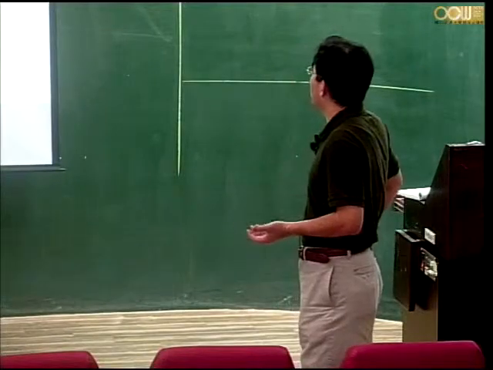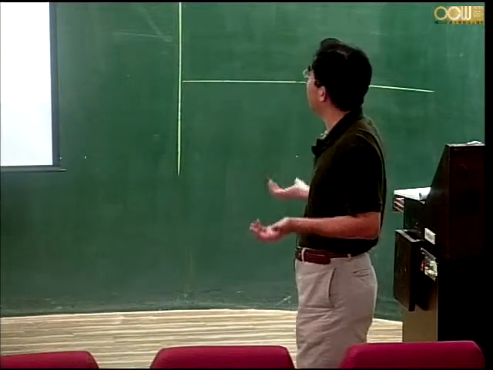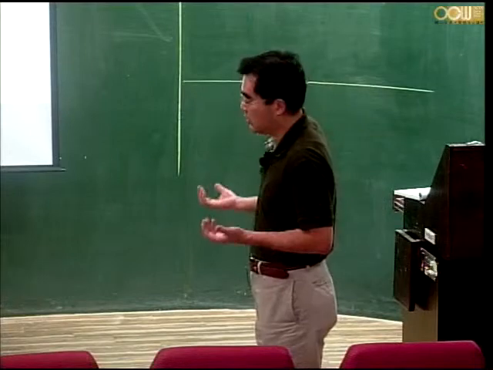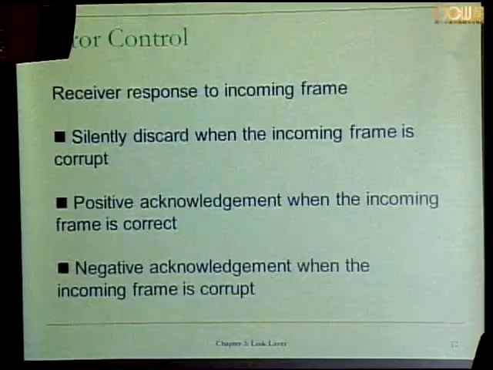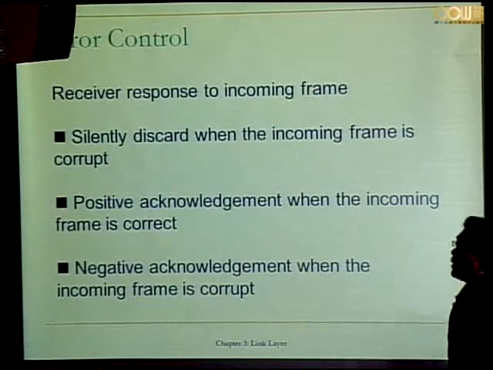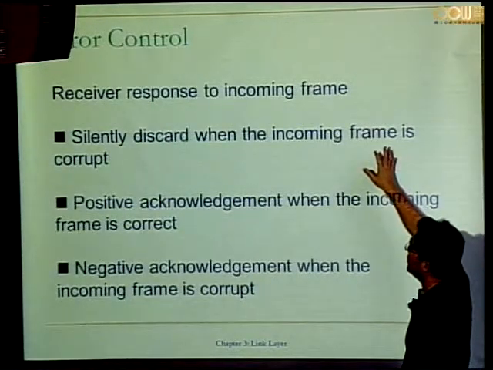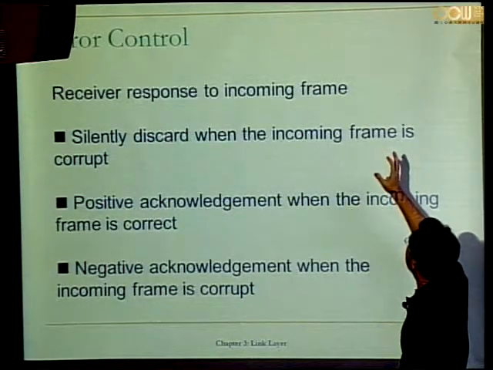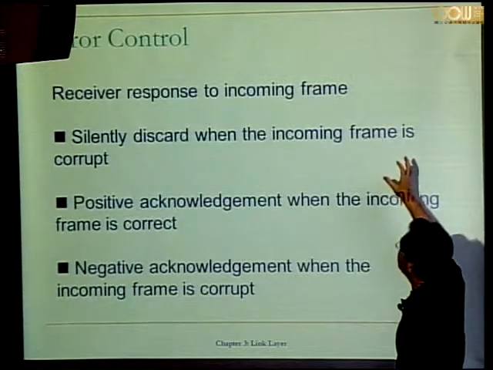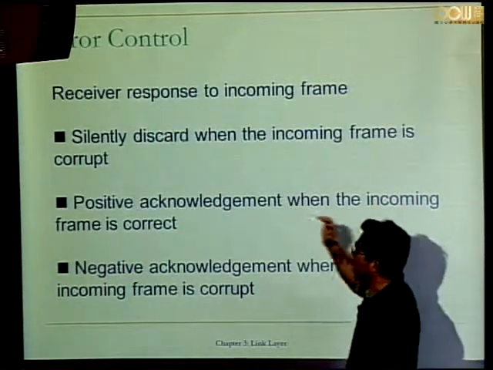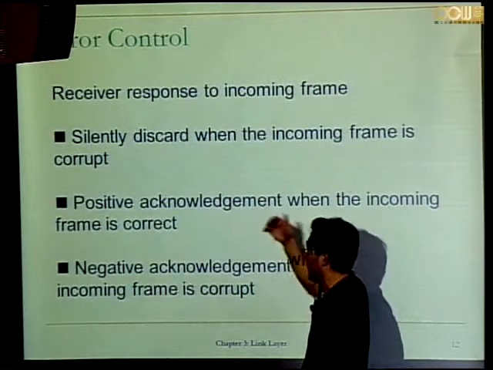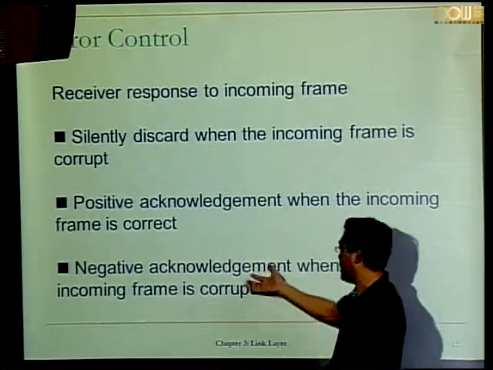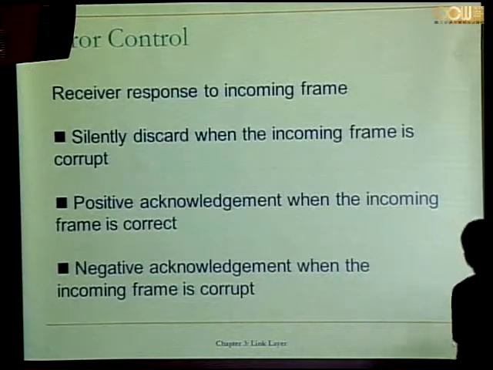So if I do CRC, I have an error, or I have a correct result. If there's an error, I can just silently discard this frame. If it's correct, I might send a positive acknowledgement, or I might send a negative acknowledgement.